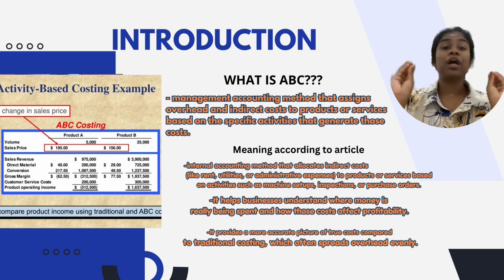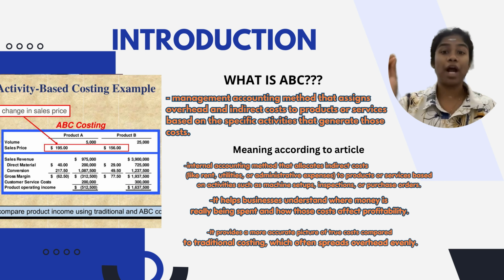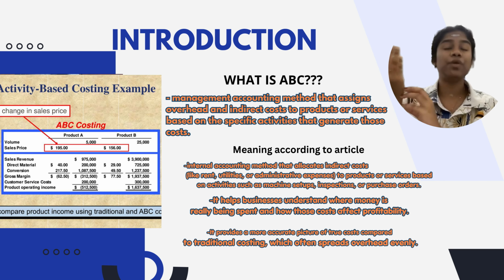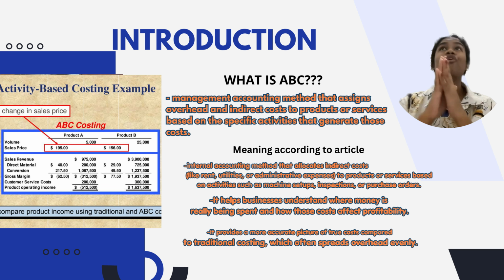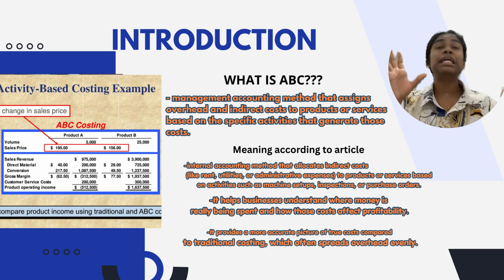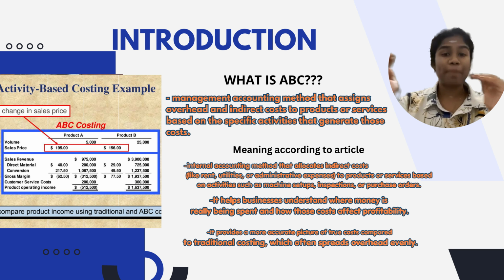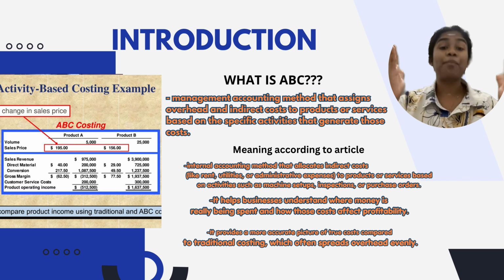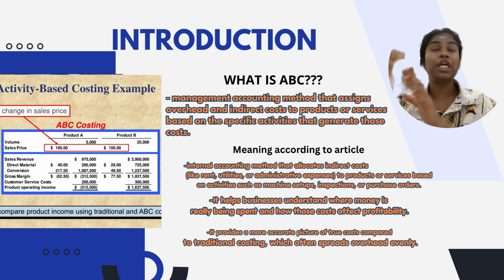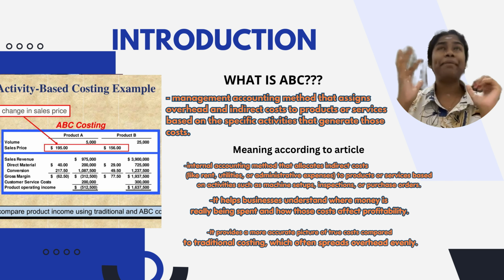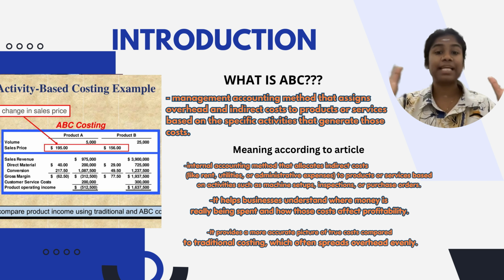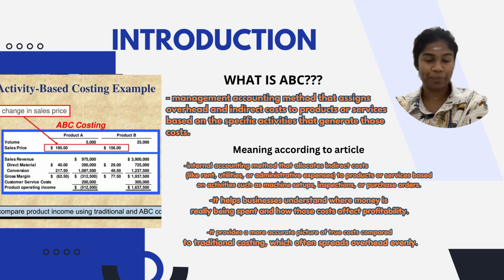ABC assigns cost based on how much each product or service actually uses those activities. For example, a custom product might require more setups and inspections, while a standard product might flow smoothly through production. ABC captures those differences and shows the real cost picture.